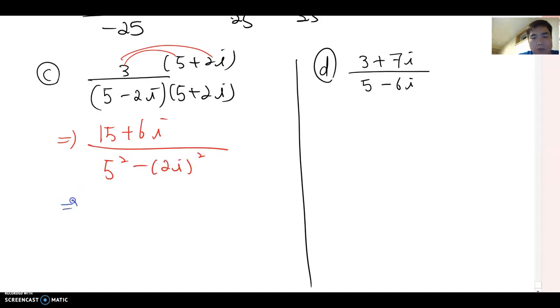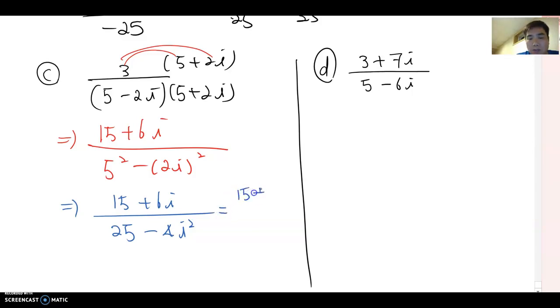Therefore, this becomes 15 plus 6i over 25 minus 4i squared. Now look here. i squared is negative 1, which means a rational number, so we can simplify: 15 plus 6i over 25 plus 4.